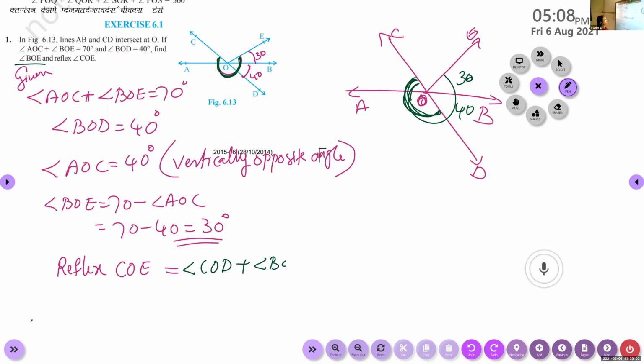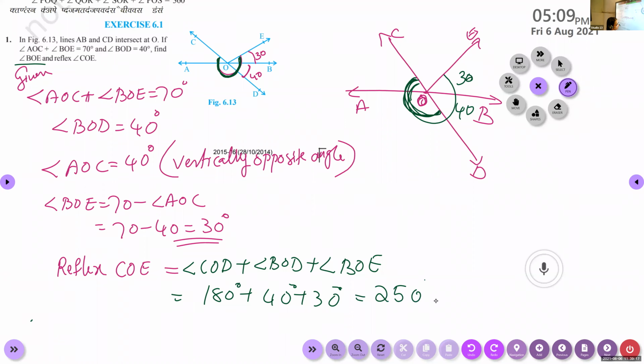Angle BOD plus angle BOE. This angle COD is a straight angle, 180. 180 plus BOD, which is 40, plus 30, is 250.